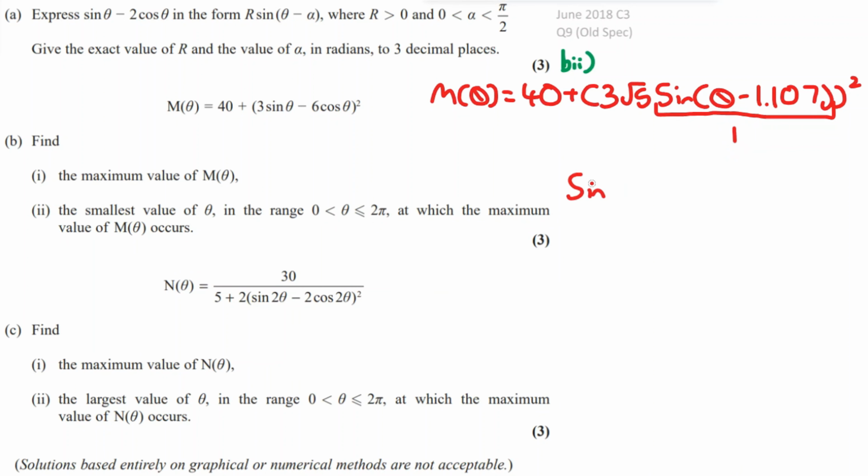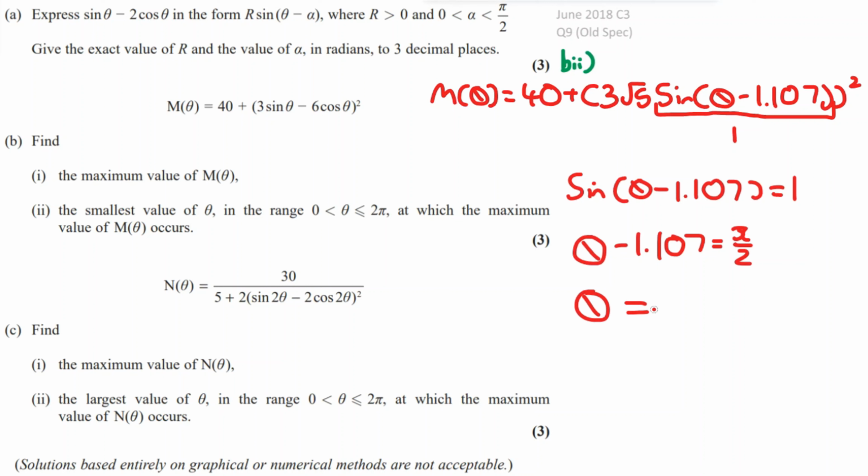Sin is equal to 1 at pi over 2, in radians, so therefore sin of pi over 2 is equal to 1. So theta minus 1.107 has to be equal to pi over 2, and therefore theta is going to be equal to pi over 2 plus 1.107.